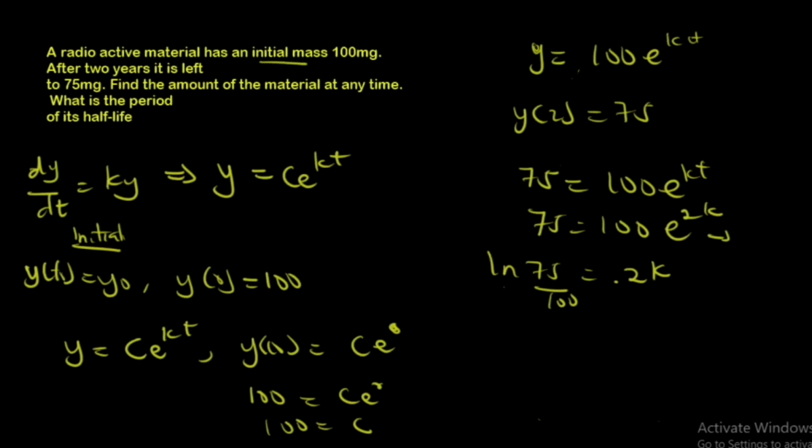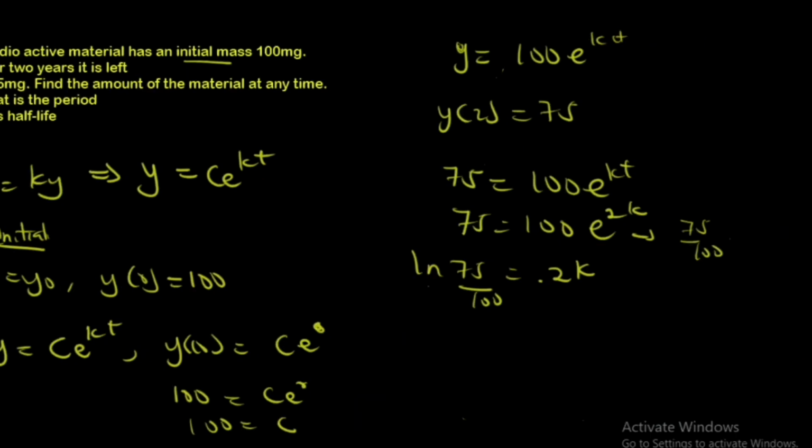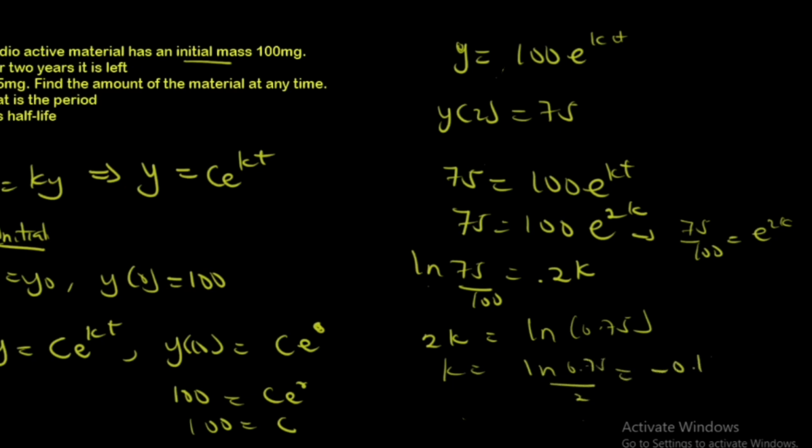So we get 75 over 100 is equal to e^(2k), and 75 over 100 is 0.75. So we get 2k is equal to ln 0.75. Then you divide through by 2. So k will be equal to ln 0.75 over 2, which gives you an answer of negative 0.1438.